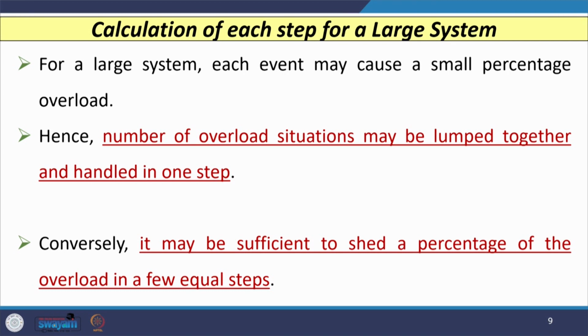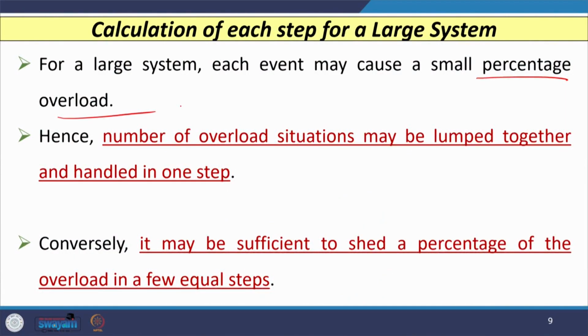So, we can say that if we have a large system or large network, then each event may cause a small percentage of overload, because in a larger network, when there is overloading of one line, any disturbance, any abnormal condition, then a small percentage of overload is always observed.